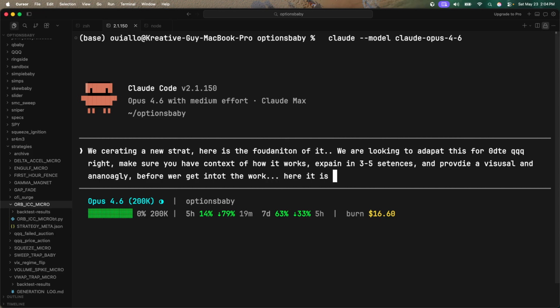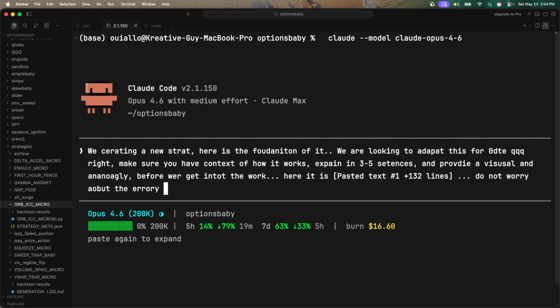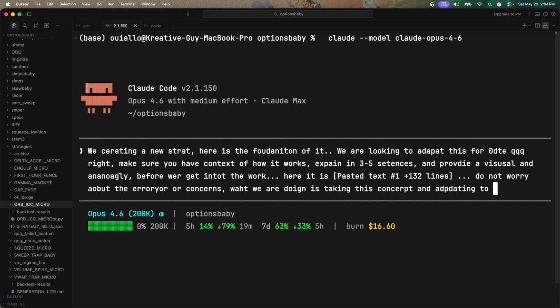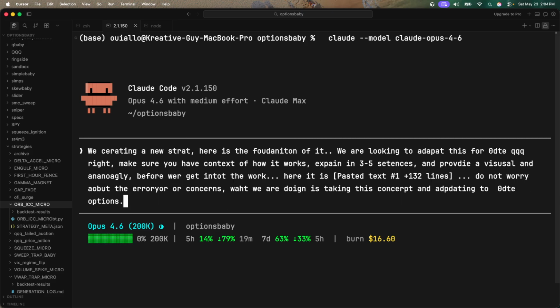Here it is. Do not worry about the errors or concerns. What we are doing is taking this concept and adapting it to options, to 0 DTE options. Take pride in your work, Bravi.